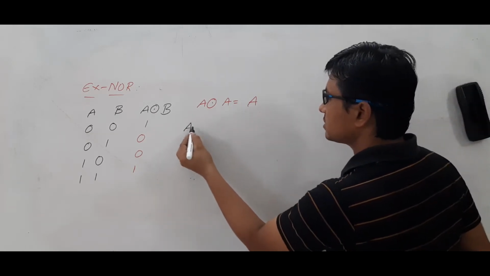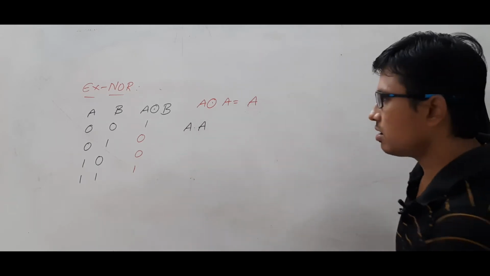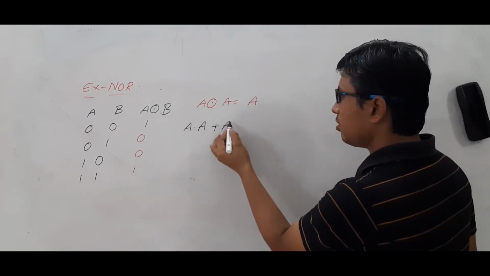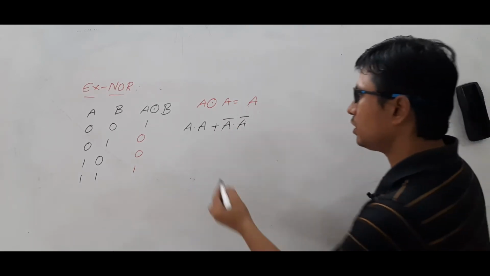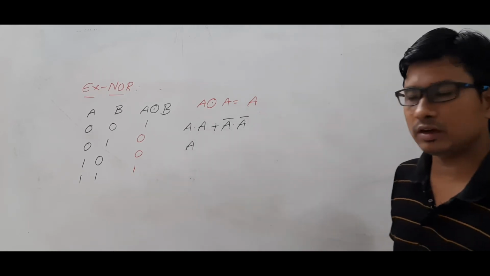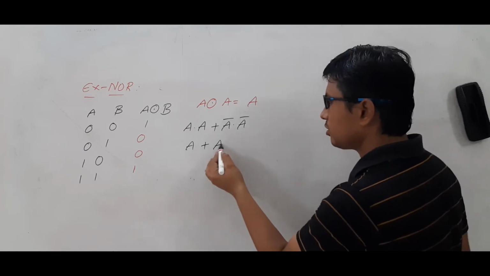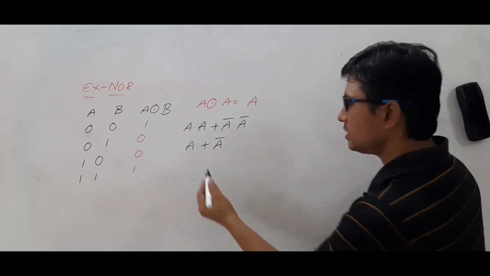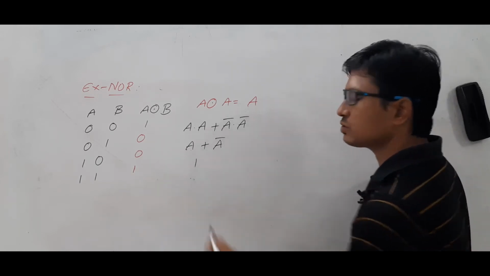I will get A and A, or A complement and A complement, which is equal to A, or A complement. Will you accept with me or not? A complement and A complement will give the A complement. Now if you see, A or A's complement will give the value 1.